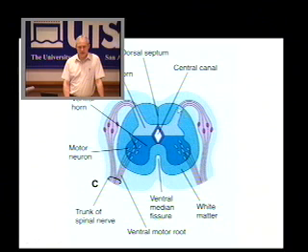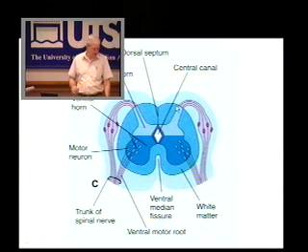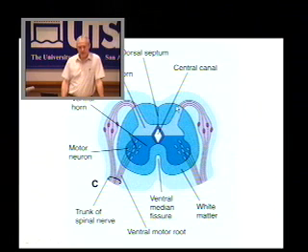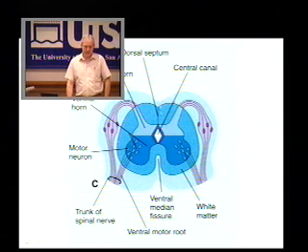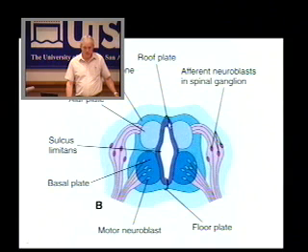So we see the marginal zone has become much more highly developed, many more myelinated axons, and all the other related cells, the glial cells, to complete this. And so it's become a tremendous extension from that original roof plate.